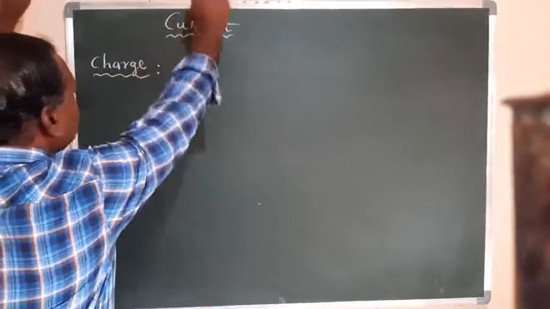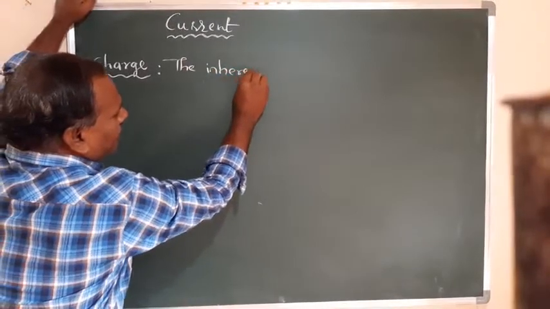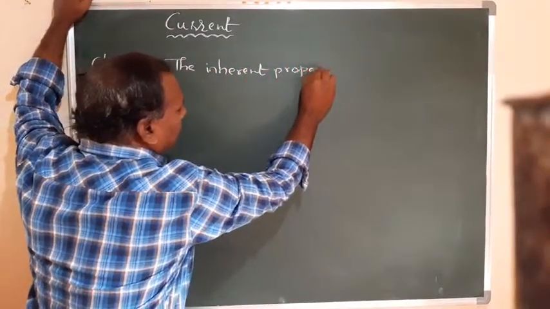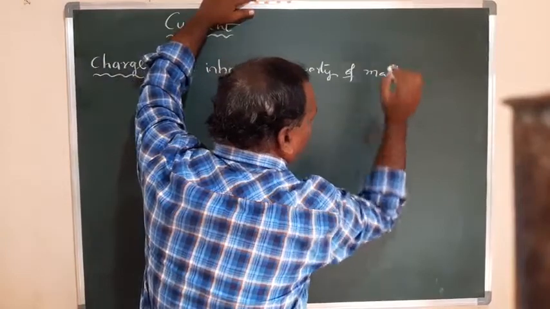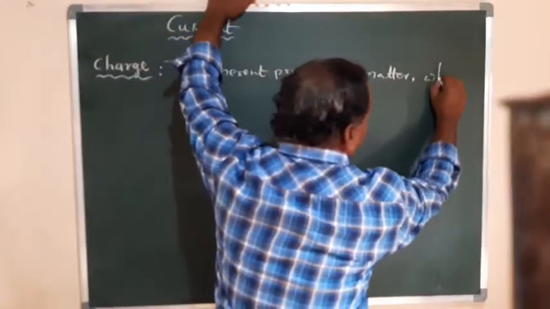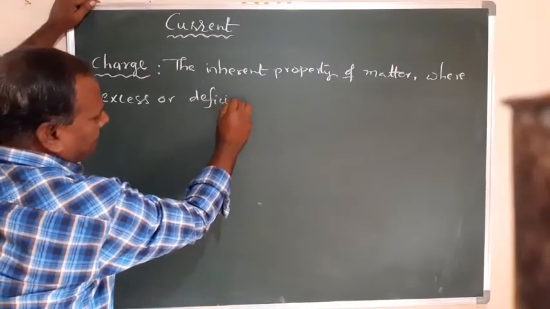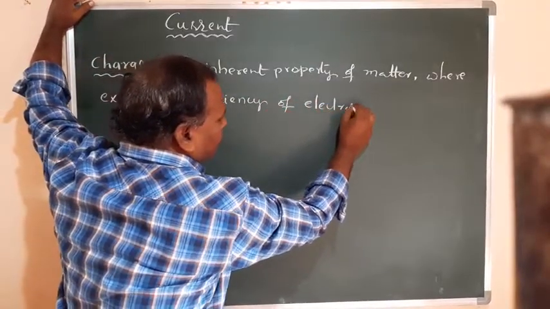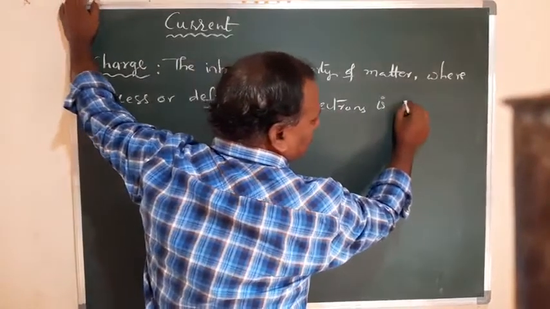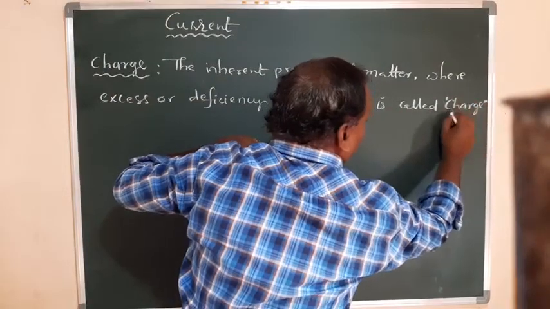So here, charge is the inherent property of matter where excess or deficiency of electrons is called charge, right?